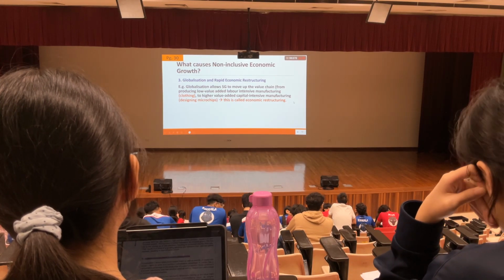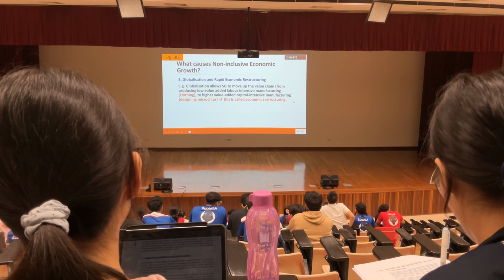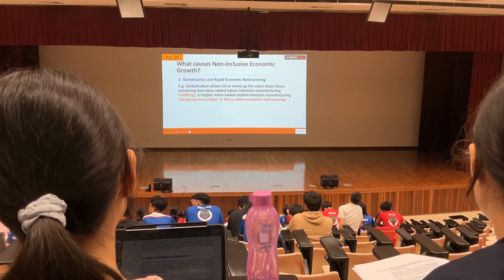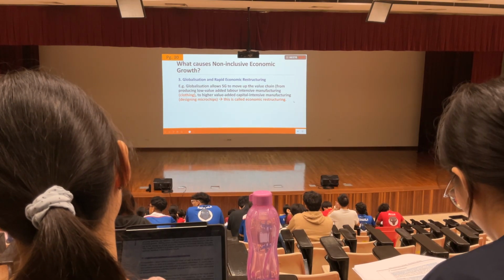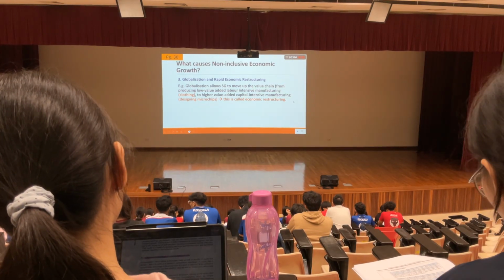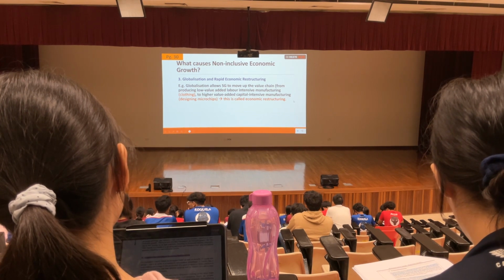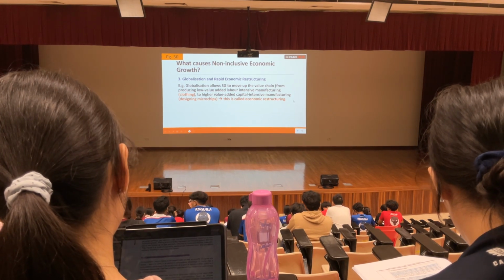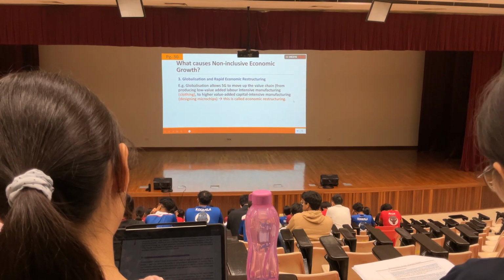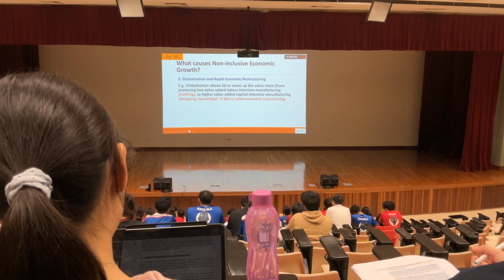But now, as globalization happens and as Singapore has industrialized, we move towards higher value-added, capital-intensive manufacturing goods like designing microchips. So if we move from a low value chain to a higher value chain, this is called economic restructuring. We are focusing on another sector now. So this is called economic restructuring.